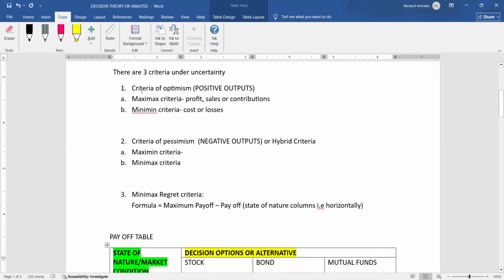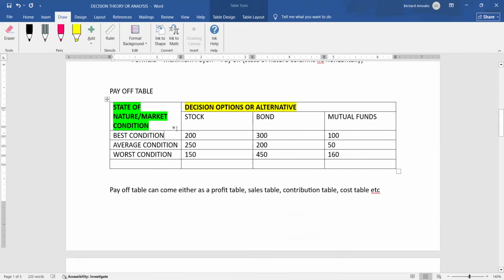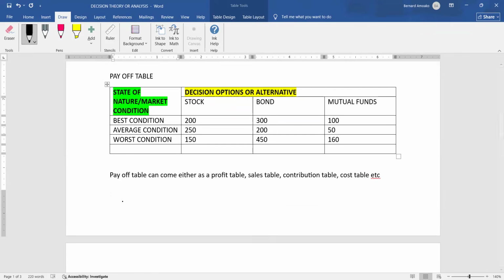And the word maximax can be divided into two. It means that you determine the maximum values under each decision option, then out of it, select the highest.